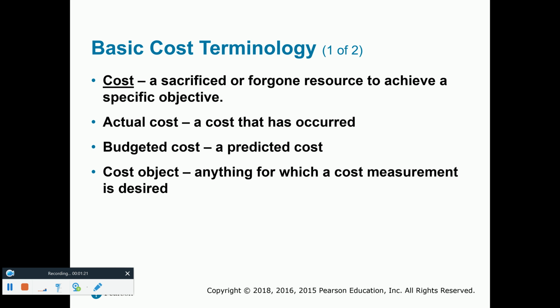Now how about direct and fixed? An example of that would be the salary of the assembly line supervisor. It is a direct cost, right? We know that the supervisor's salary could be directly assigned. It's a cost that we know, okay, they were working on these vehicles today, and it's fixed.